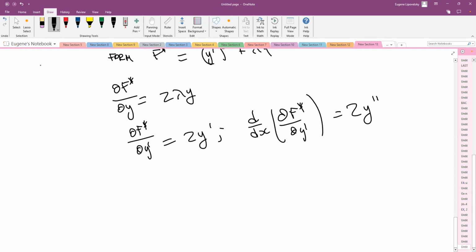So the conditions will be that we have 2 lambda y minus 2 y double prime equals 0.